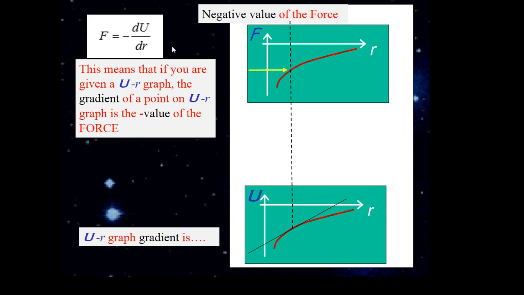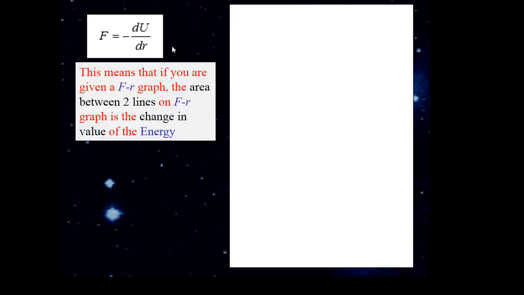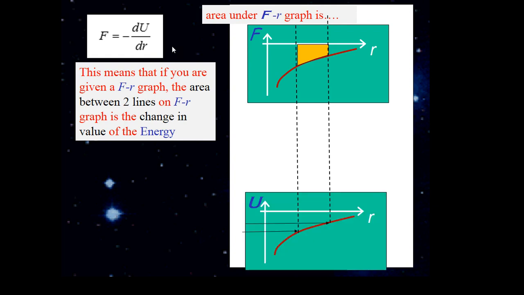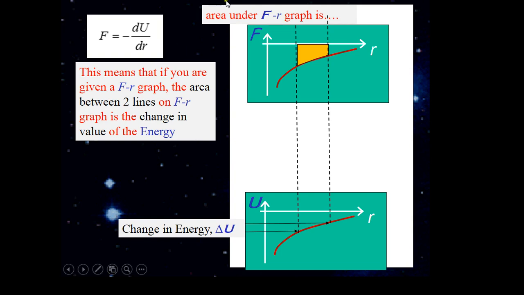Okay, next one. So the second, the right column, if you are then given an FR graph, it means that the area under the graph in the orange box is the change in the potential energy. So this orange area is a negative area.